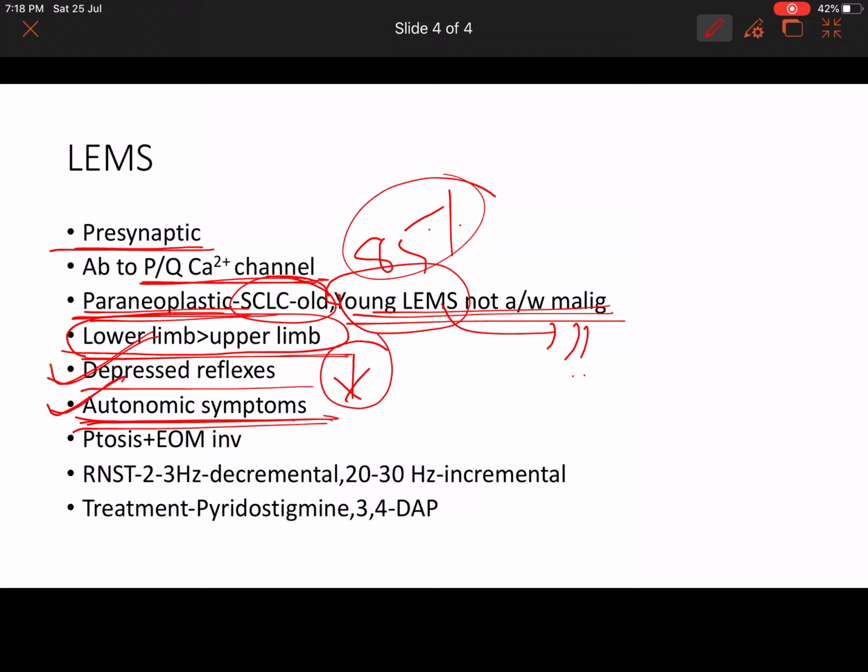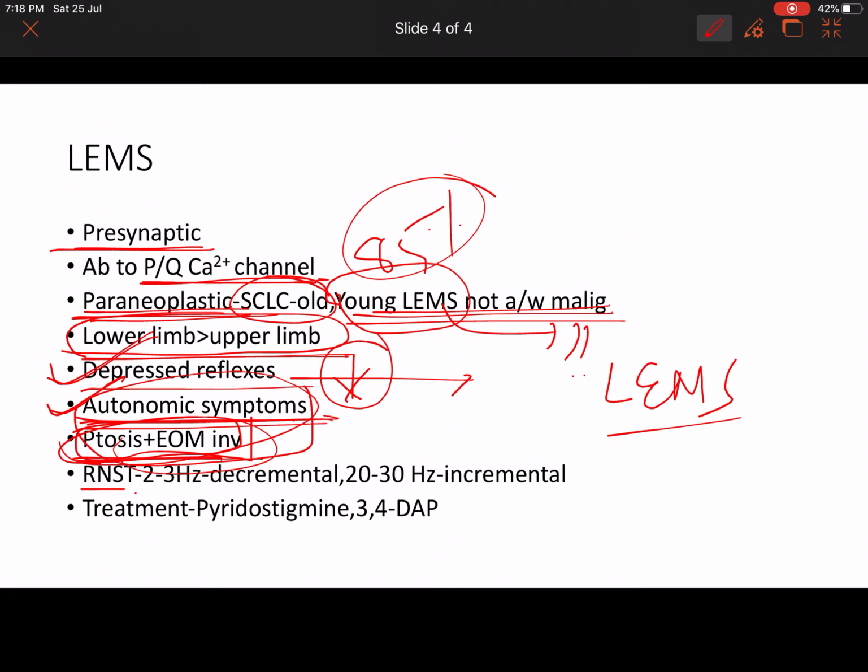And sometimes they may come to you with dryness of mouth, or they may have impotence. So that can be the autonomic symptoms. Postural hypotension can also be there, and they usually present with ptosis and extraocular muscle involvement, and you do an examination, you find depressed reflexes. So your provisional diagnosis is LEMS.